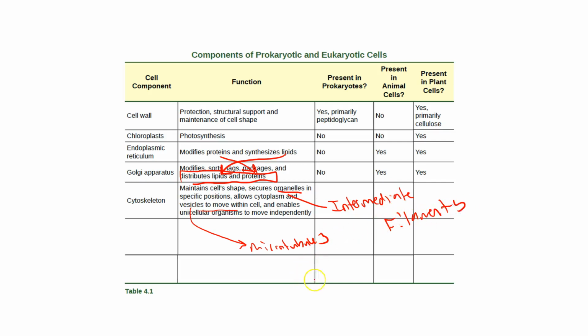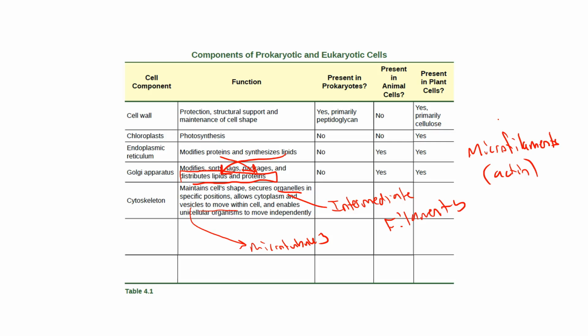And then the one that I'm not talking about here is the microfilaments. And these are the ones that are made out of actin. They're the narrowest. They help thicken the edge of the cell and help it resist tension. So when things are pushed on the cell, it kind of pushes back.